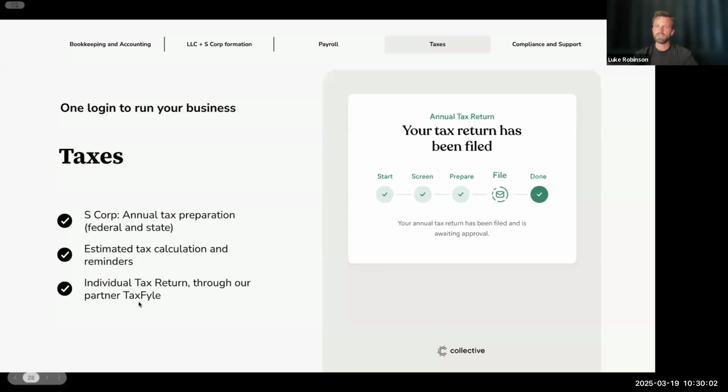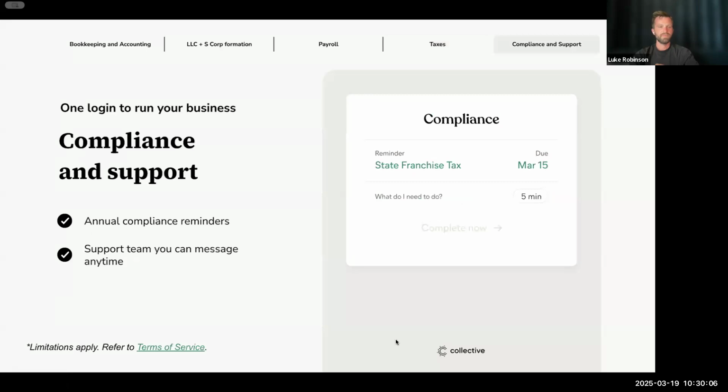So it makes it really convenient to handle your return right in your Collective dashboard. Then, of course, we'll take care of compliance and support. With your LLC, we'll remind you to keep that up and running each year, when it's due, and how to do it. And then you get a support team of professionals, from bookkeepers to tax professionals, that you can message anytime and get support from.